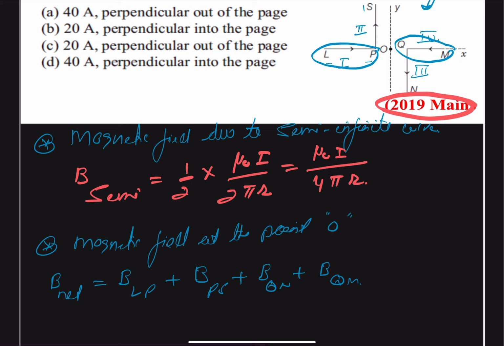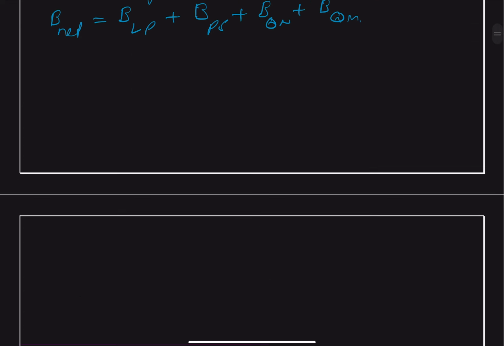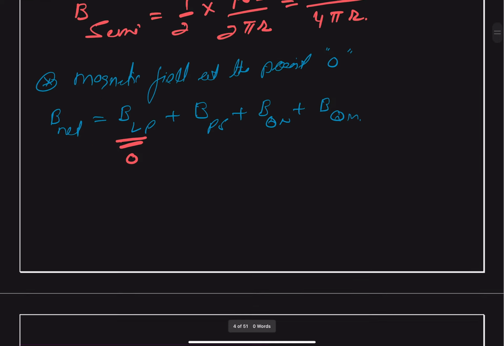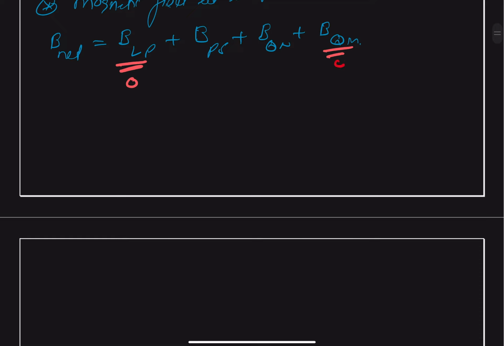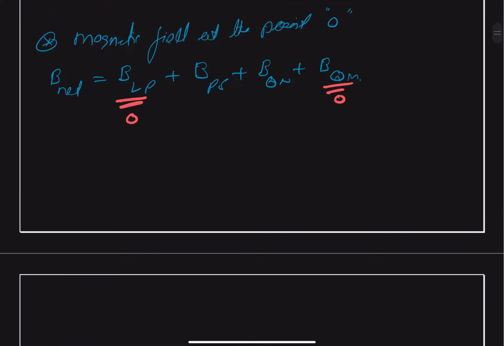So because of this, the magnetic field due to LP will be 0 and magnetic field due to Qm will be also equal to 0. So we can say this will be equal to the magnetic field because of the PS and because of the Qn.